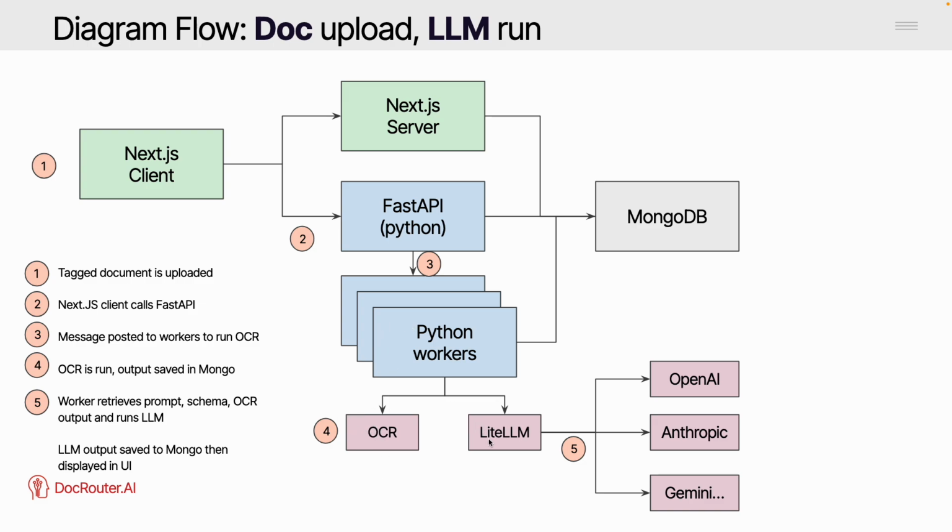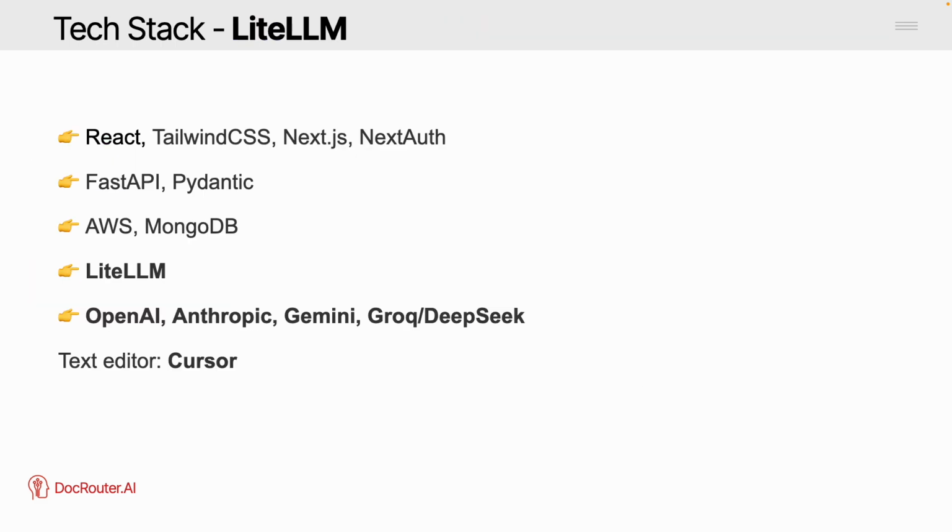Another message is posted to LiteLLM to do the multiple LLM queries for the document, because there could be multiple prompts. Pick the respective language model, and then eventually save the output in Mongo. So that's the whole machinery end to end.